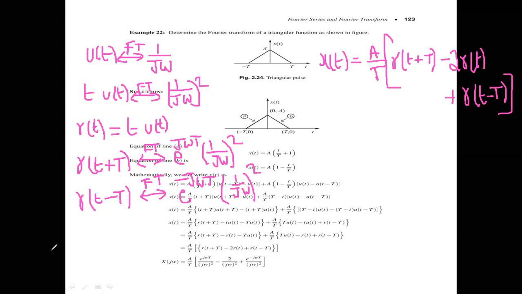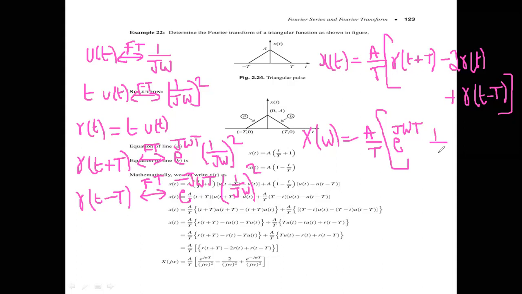Again, apply the Fourier transformation on both sides. x of t becomes X of omega. A by T is a constant. For r of t plus T, the Fourier transformation is e power j omega T times 1 by j omega whole square, because it is shifted with minus T samples.